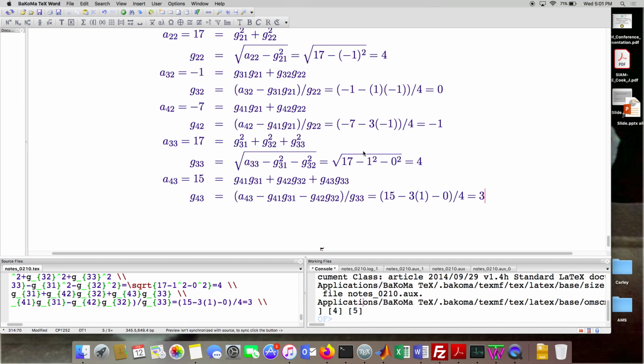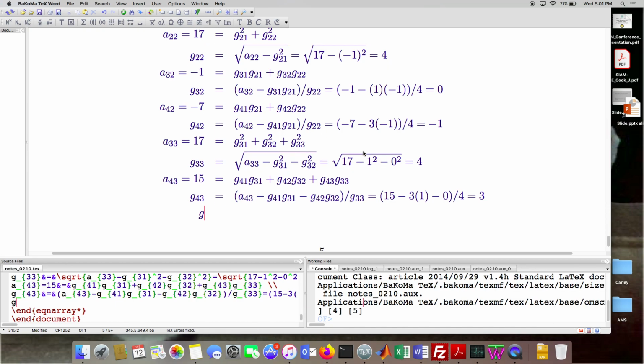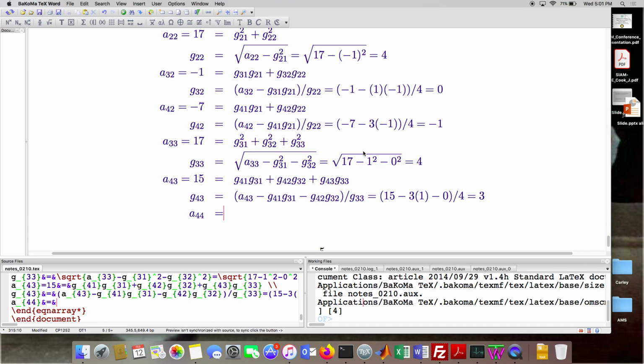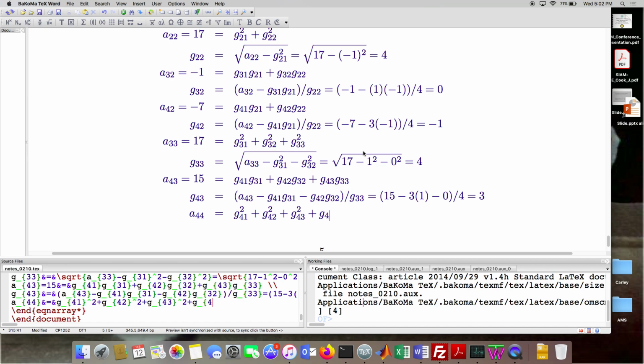And then the very last entry, hallelujah, A44, so that is the sum of squares. So G41 squared plus G42 squared plus G43 squared plus G44 squared. And that entry is equal to 44.